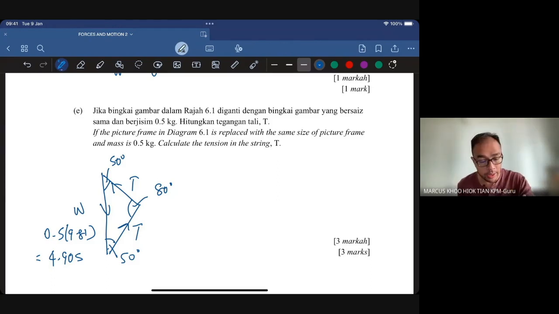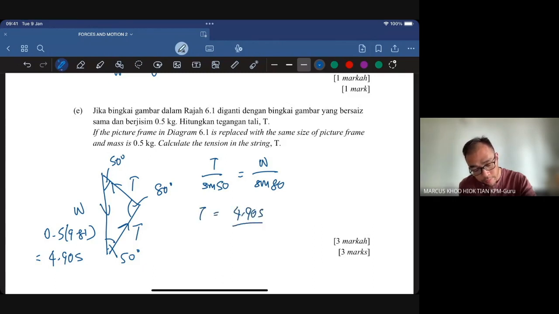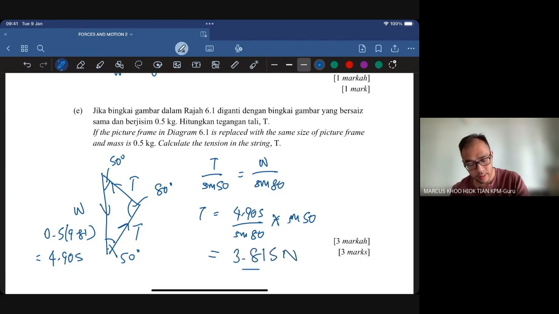To calculate the tension T, T over sine 50 equals W over sine 80. So T equals 4.905 over sine 80 times sine 50. That is 4.905 divided by sine 80 times sine 50, which is 3.815 newtons.